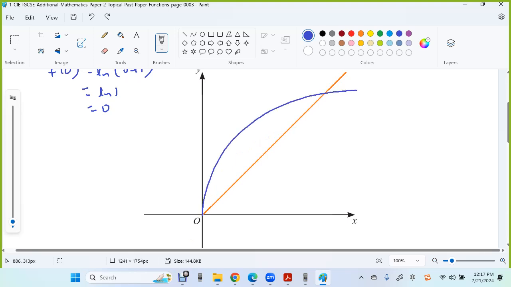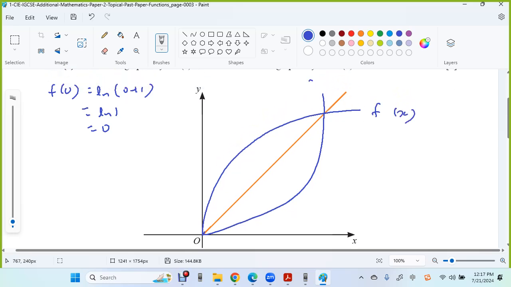Then the inverse will be the reflection of the f(x). So this is the f(x), and this will be the f inverse of x. And this is y equal to x.